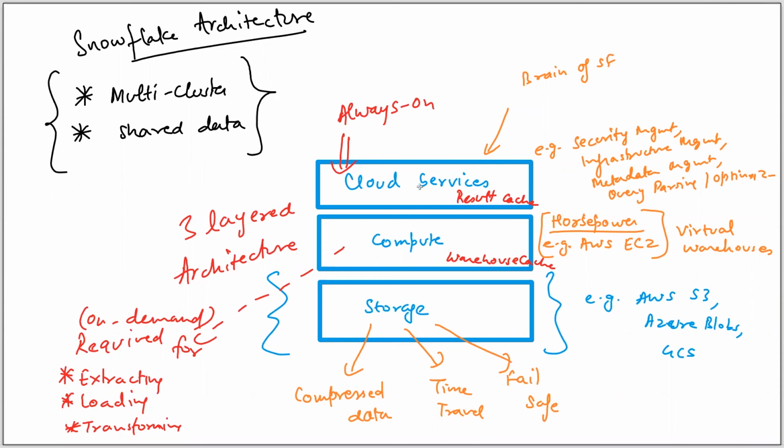Along with that, there is one more thing which is called Foundation DB, and Foundation DB is actually a NoSQL key value store which stores the metadata, and that metadata has a lot of information about like which file is stored where, and like which table has like which file. So these kind of details are there, zone map. So cloud services layer has this kind of information.